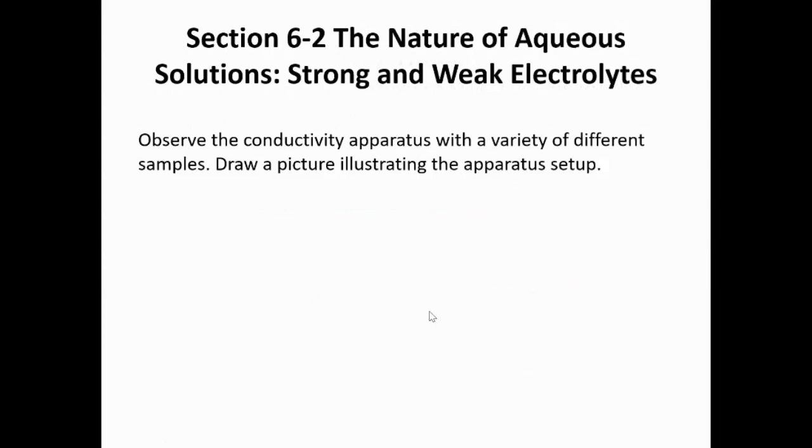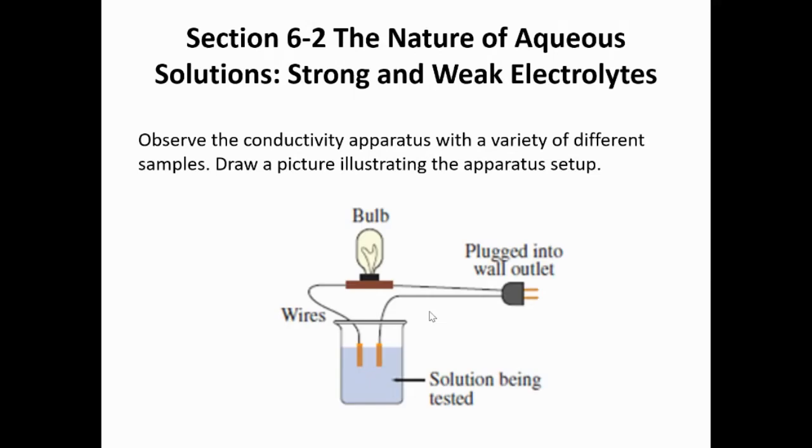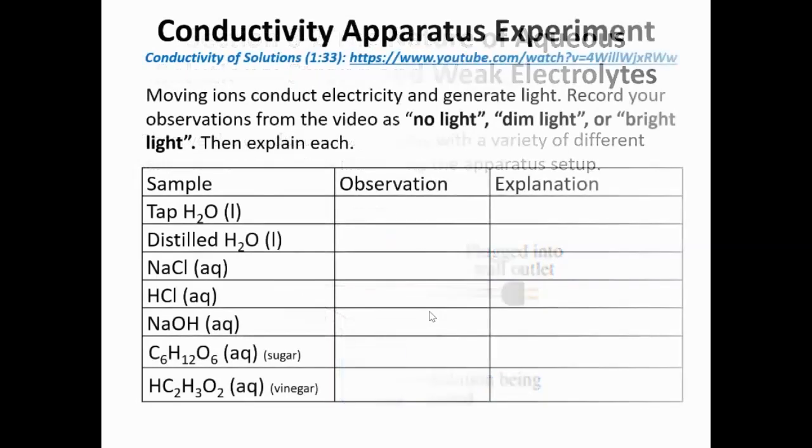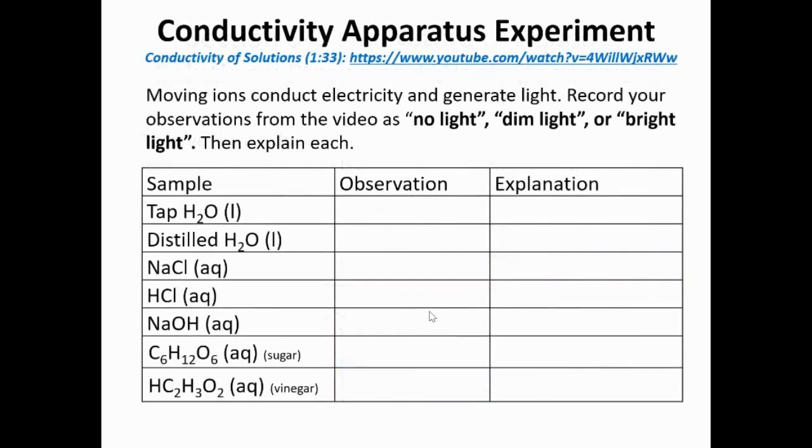Now, if we were to take a conductivity apparatus and use it with a soluble salt, we would find that there would be conductivity, and we would see the light bulb burning very brightly in the presence of a soluble salt. We can look at a series of different samples and predict whether or not the bulb would burn brightly, dimly, or not at all.